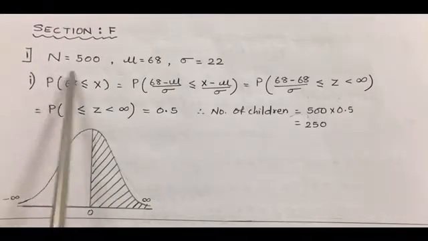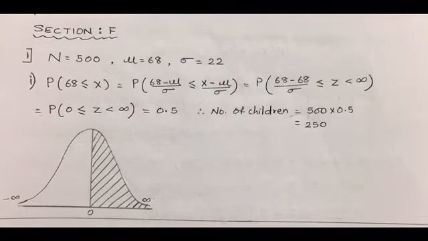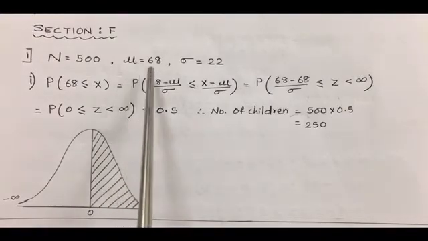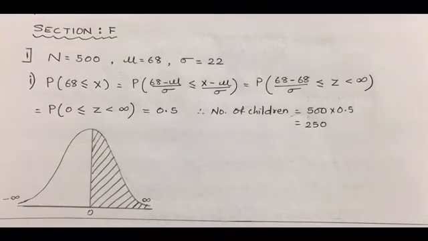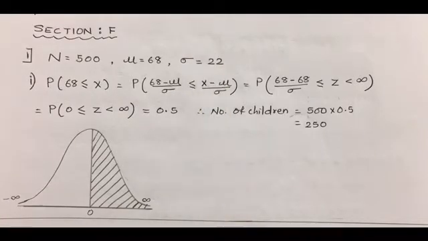So the capital N is taken as 500, and it is found that the average marks are 68. So mu is 68 and standard deviation is 22. So sigma value is 22 given.